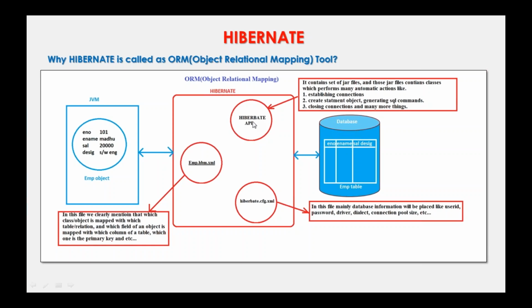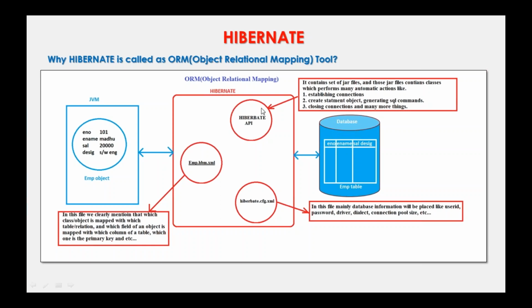Using the Hibernate API means using the Hibernate framework in our program. You may have heard this word API. API is nothing but a collection of classes, a collection of packages. Hibernate API means a predefined set of packages. What does a package contain? A collection of classes, interfaces, enums, annotations, we know that.